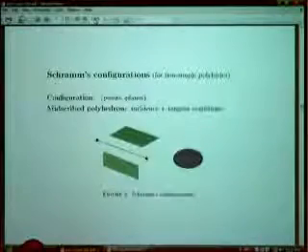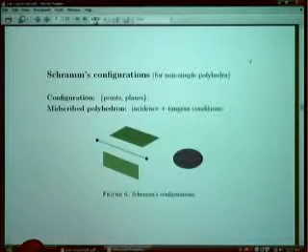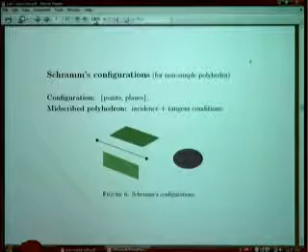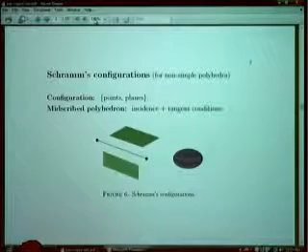Okay, so he defined the following configuration. He said, well, let's have not just vertices positioned in the space, but both vertices and facets. So we have a bunch of points and a bunch of planes.